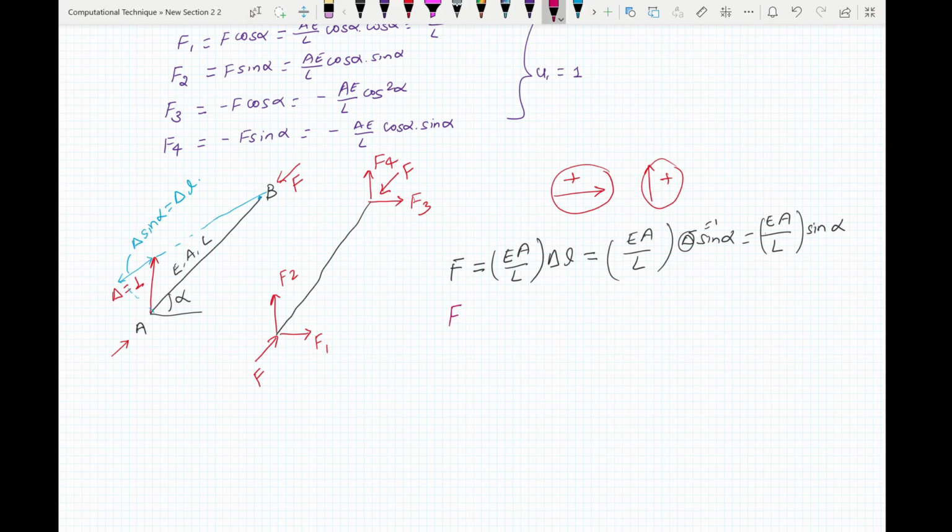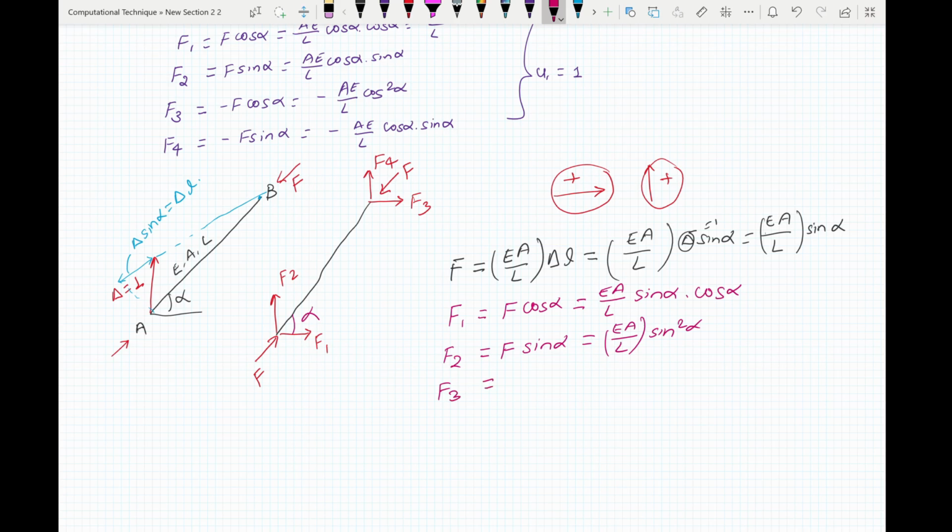So our F1 will be equal to F cos alpha. Now in this case, F is EA by L sine alpha, and then you have cos alpha. F2 will be equal to F sine alpha, which will be equal to EA by L sine square alpha.